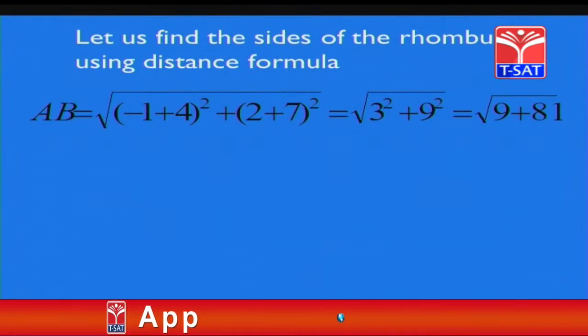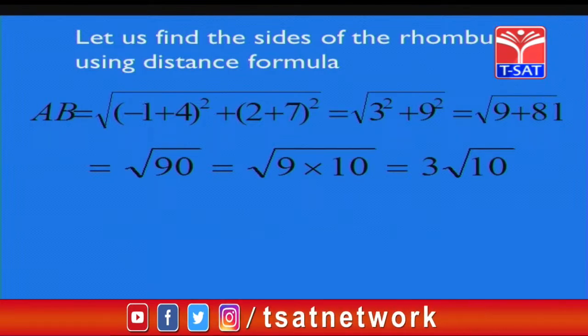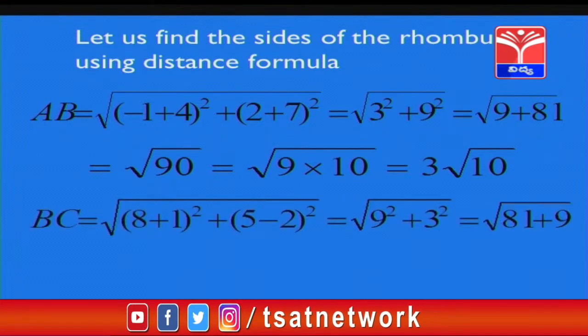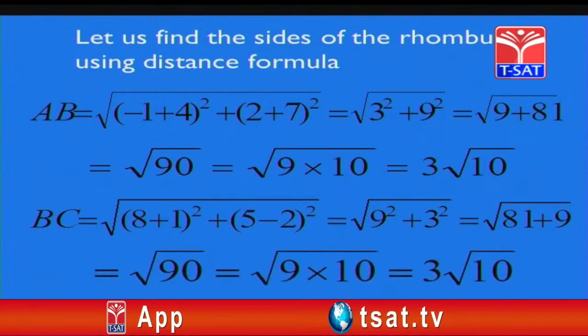So, AB is equal to under root of (-1 + 4) whole square plus (2 + 7) whole square, that gives me under root 9 plus 81, which is under root 90, and I get 3 root 10 as AB. Similarly, BC is under root of (8 + 1) whole square plus (5 - 2) whole square, that gives me under root 81 plus 9, which is under root 90, which is 3 root 10.